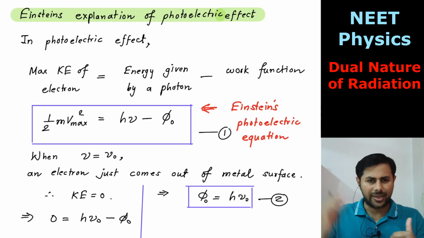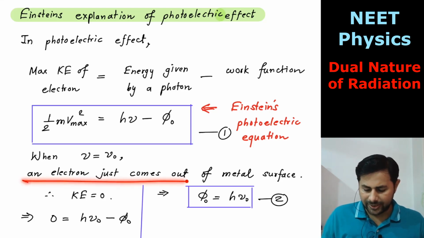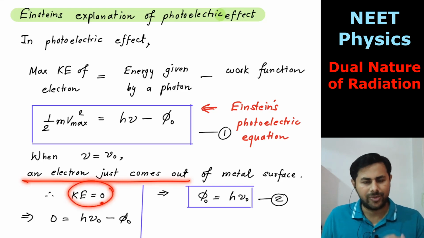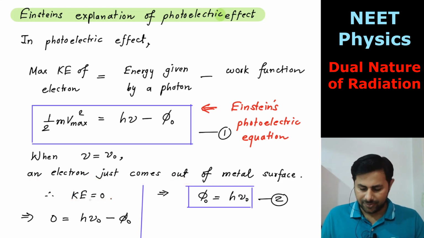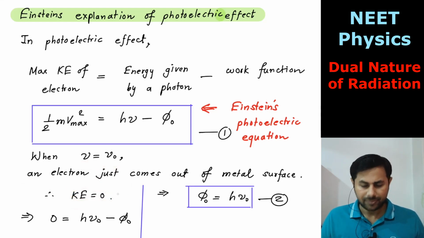They don't have their own kinetic energy; they are attracted by the positive potential on the anode. So the kinetic energy of the electron would be equal to 0 when nu is equal to nu naught.